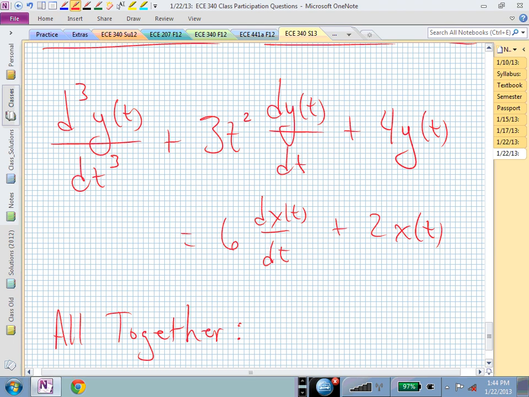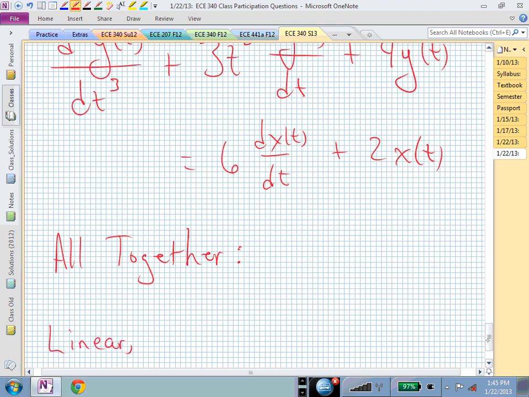Is it linear or nonlinear? Did I hear both? Is it linear or nonlinear? Linear, isn't it? We don't have any product terms. We do have this t squared. Oh man, he's trying to trick me. But what is that t squared giving us? So this is linear.